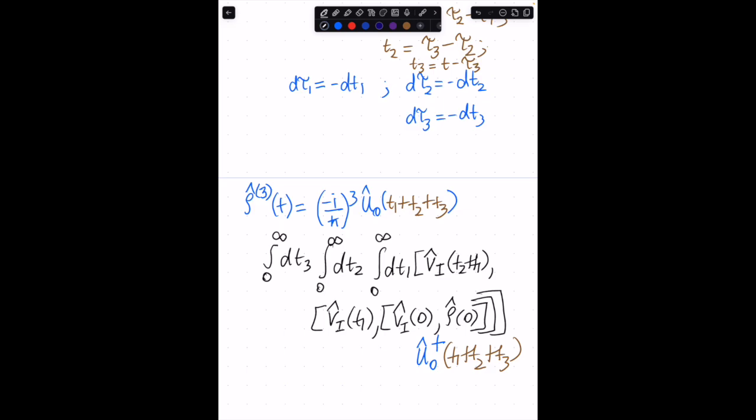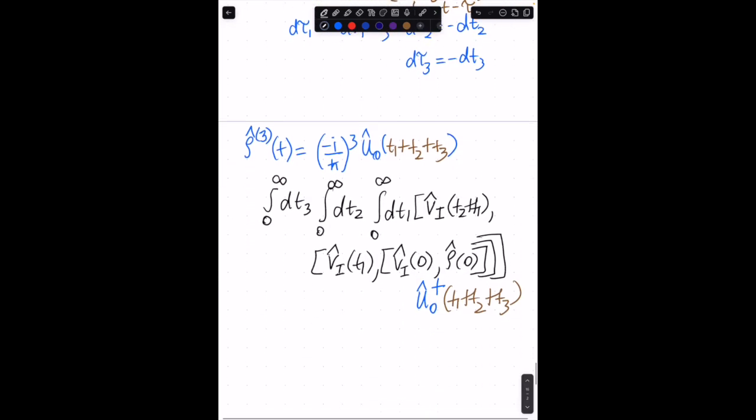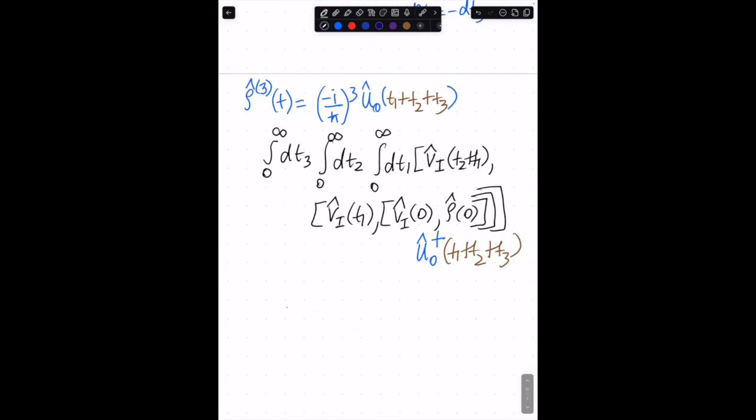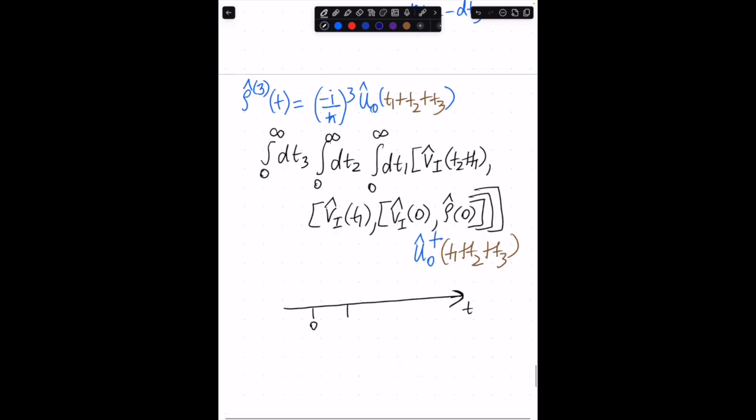And this simple change in your integration variables now allows for the recasting of the time variables as such. So you have 0, you have t1, you have t1 plus t2, and then you have t1 plus t2 plus t3.